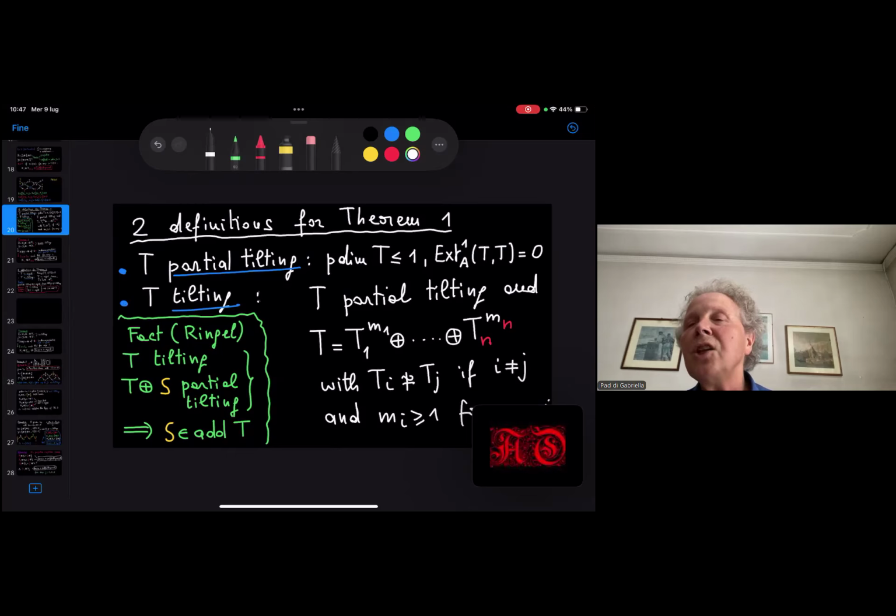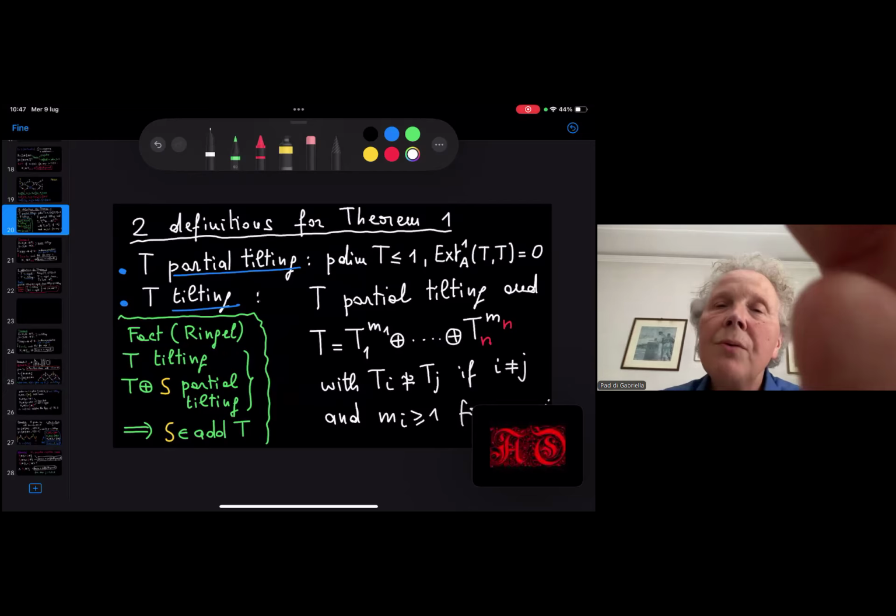So T is T1 to the M1, T2 to the M2, up to Tn to the Mn, where the Mi are at least equal to 1. An important fact from tilting theory used in our proof is due to Ringel, and it says that if T is a tilting module, and if also the direct sum of T and S is a tilting module, then we have few choices for S, because S is in the class add T. So S must be a finite direct sum of summands of T.